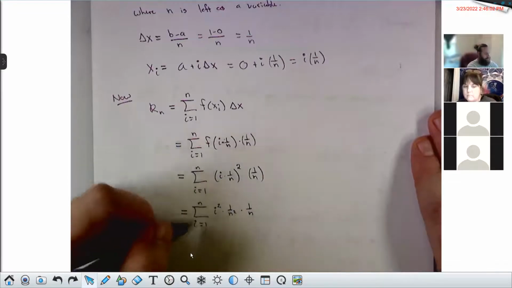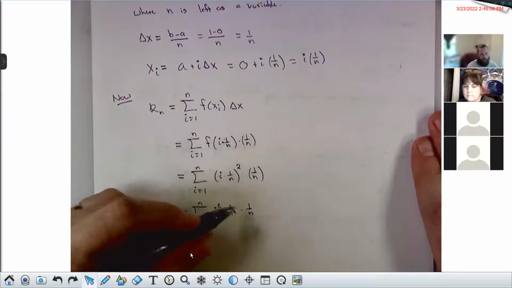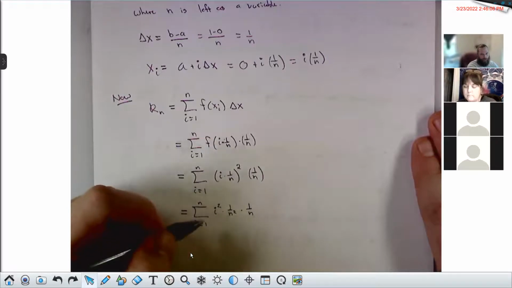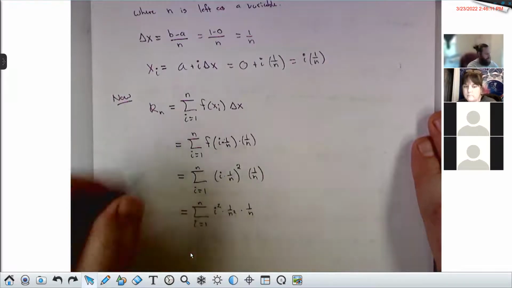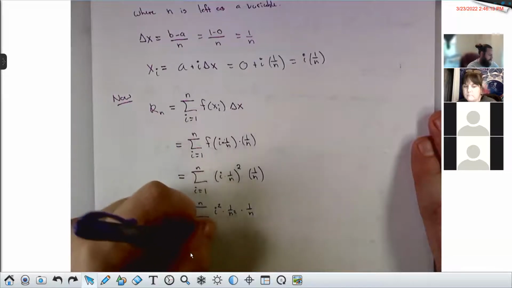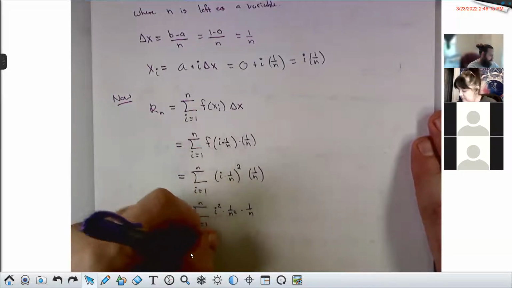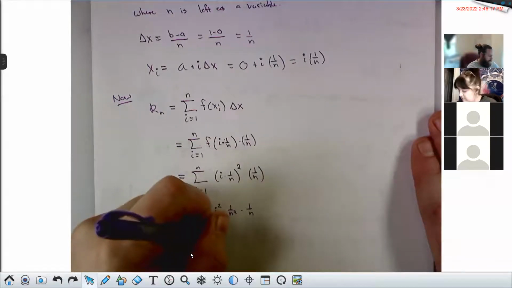The sum is being done as i goes from 1 to n. So this is like 1 squared times 1 over n squared times 1 over n plus 2 squared times 1 over n squared times 1 over n. And this is sigma i from 1 to n, i squared times 1 over n cubed.